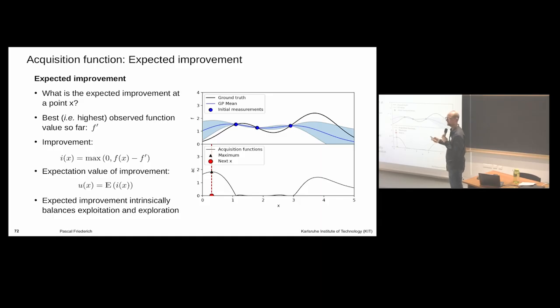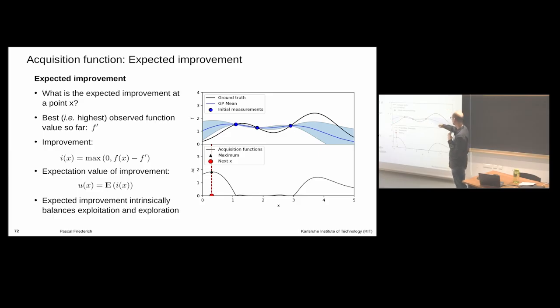So what is the expectation of having a higher observation, for example, in this region here? There's some probability that we can observe something higher than the best one we ever observed. So the expected improvement acquisition function has a maximum here, because there's some probability that we can get higher.